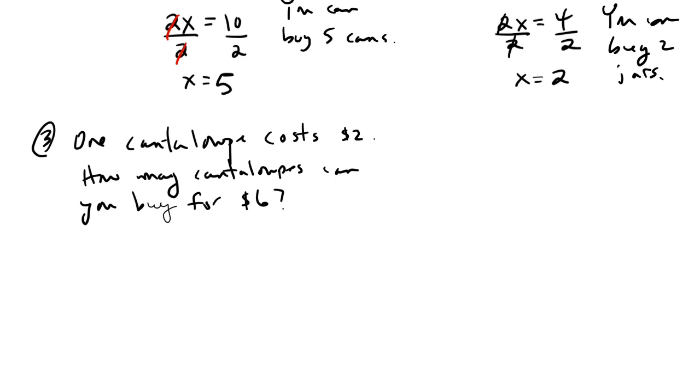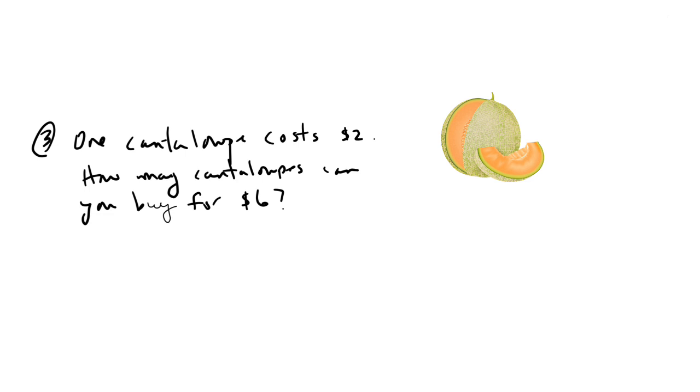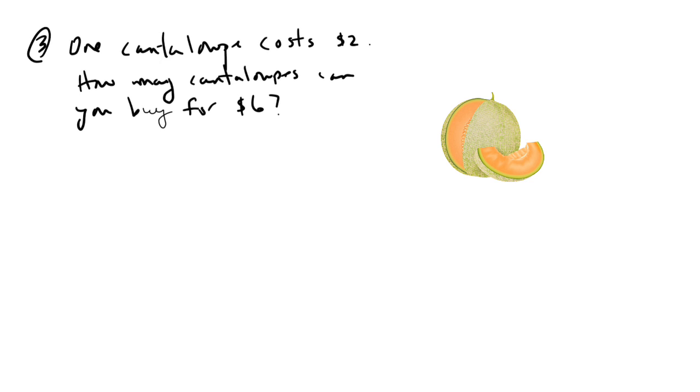Okay. Again, these first ones are going to be a little more obvious. We're learning the process. So step one is to find our given ratio. One cantaloupe costs $2.